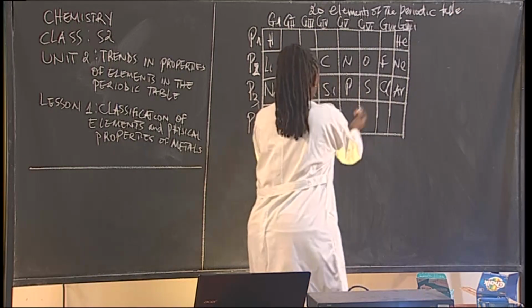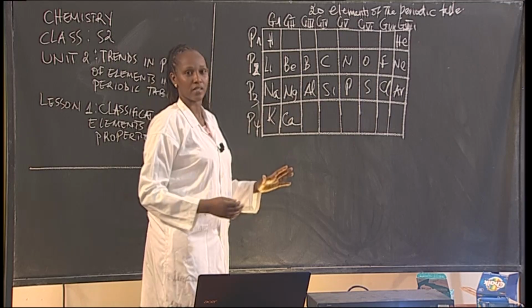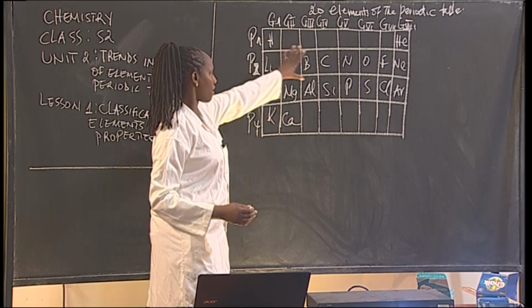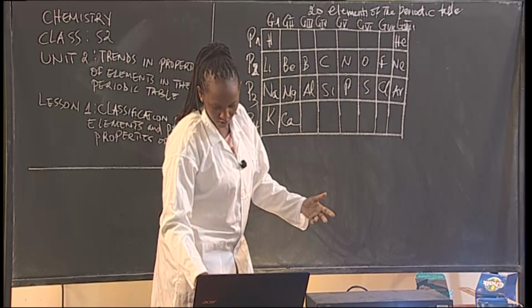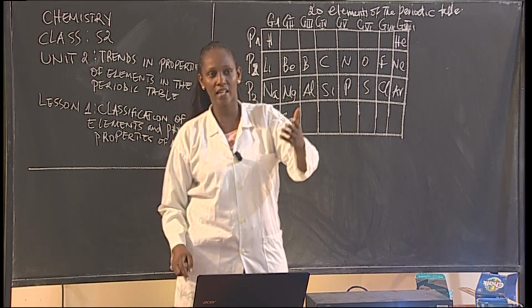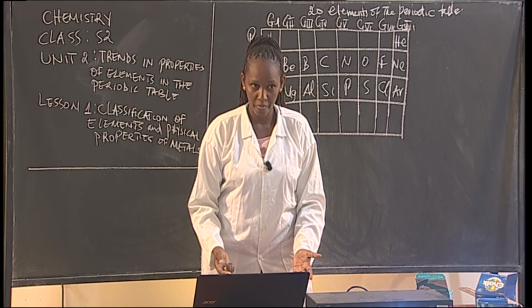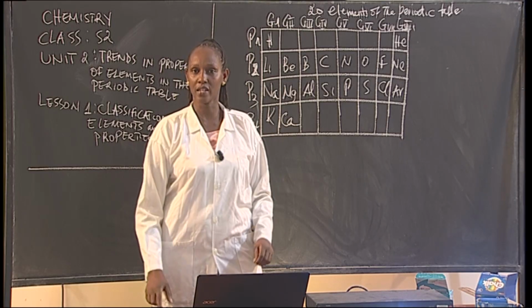So we're going to see how to classify these elements. Normally, these elements are classified in 3 ways. There are around 118 chemical elements known at present, and they are classified in 3 ways.